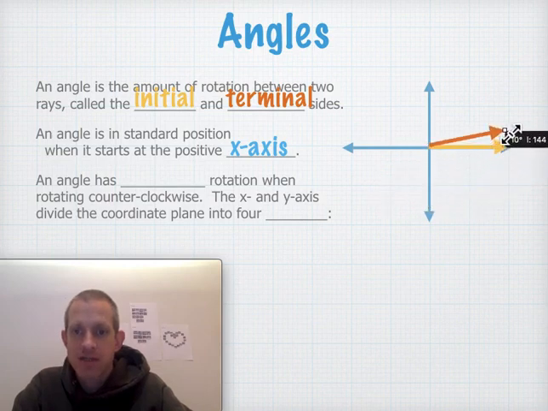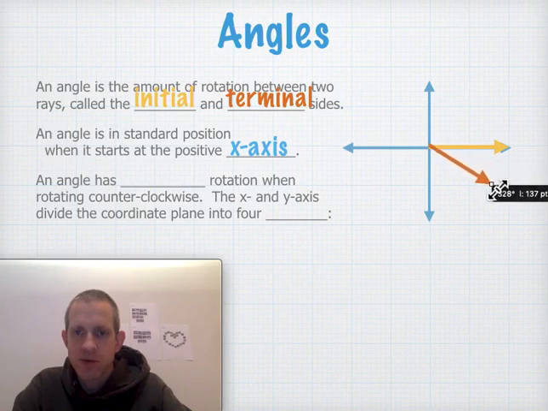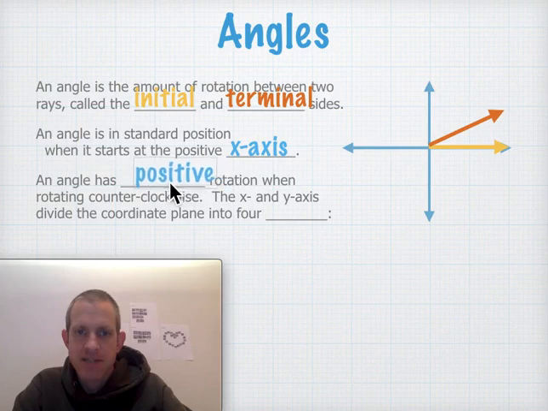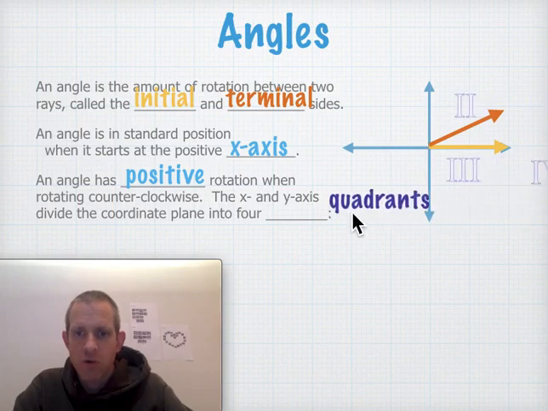If you rotate in this direction, we call that positive rotation. If you go backwards, we call that negative rotation. So it has positive rotation when you rotate things counterclockwise. Once again, the x and y axis divide the coordinate plane up into 4 quadrants.